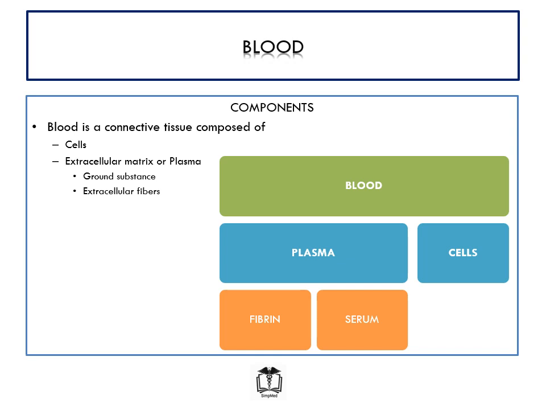The extracellular matrix of blood is largely fluid, and we know this as plasma. So plasma is the name of the extracellular matrix. And this extracellular matrix can further be divided into ground substance and extracellular fibers. In the case of blood, the ground substance is just known as serum, and the extracellular fibers are largely known as fibrin. So we can further divide the plasma into fibrin and serum. And we'll talk about each of the different components of blood in the next slide.